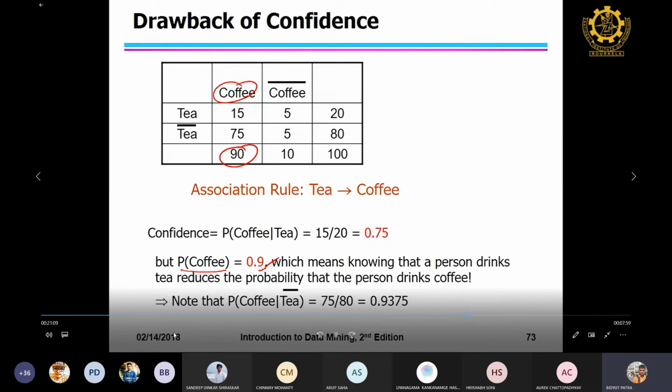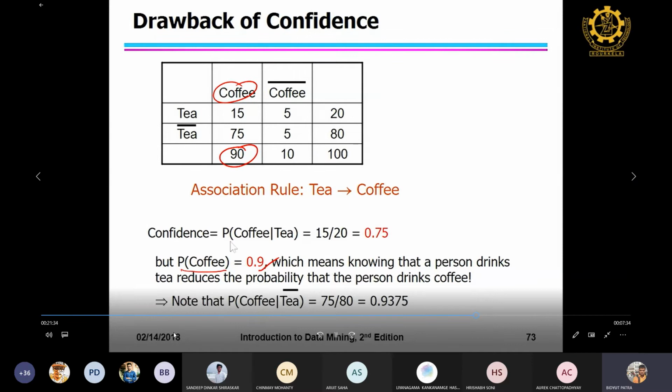So this is a problem with the measurement of confidence, because we are only considering the confidence formula, and we are not considering the support of the right side item set. So we should have some other kind of measure that considers the support of the right side item set.